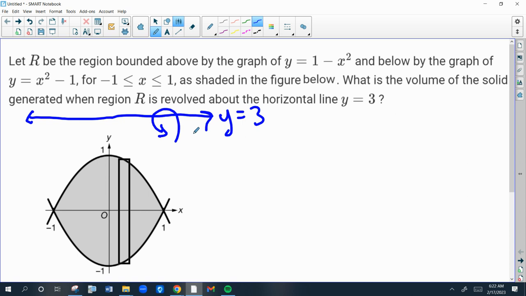Since the rectangle is vertical, this is definitely with respect to x. Our limits are where the rectangles can be drawn, starting here all the way to here. So we're going from x equals -1 to x equals +1.